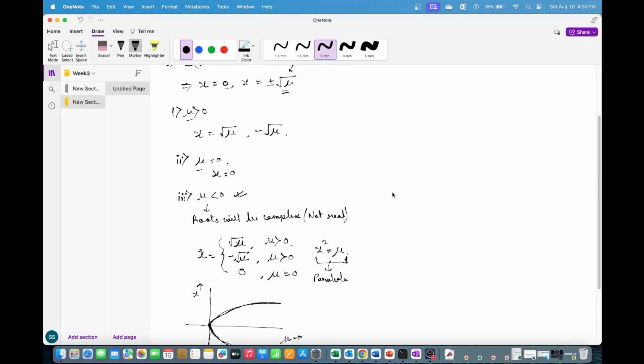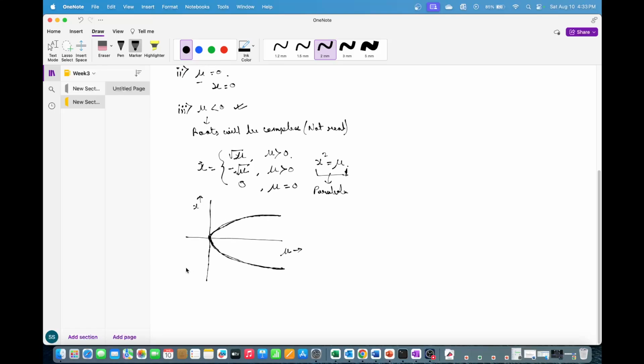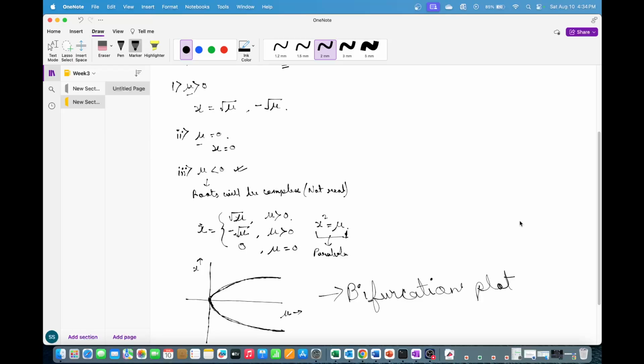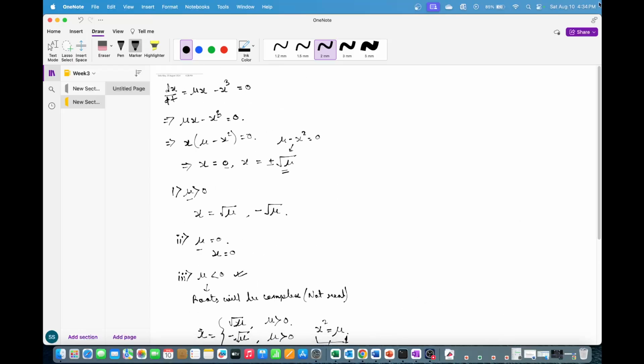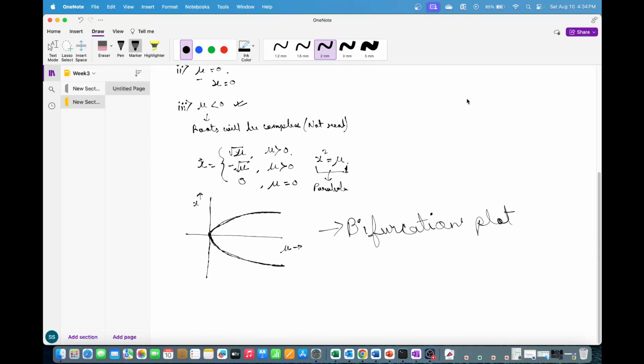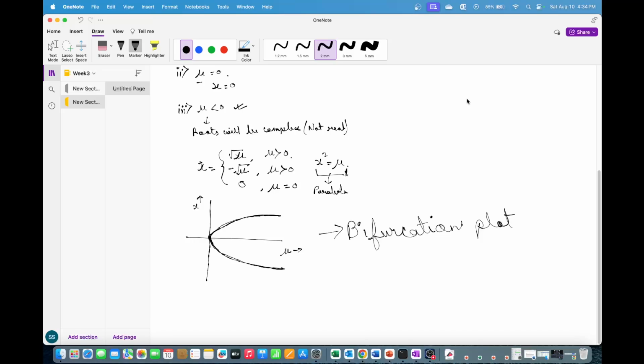So I hope till now you have gotten to know how you can plot these bifurcation plots. For a complex equation, what you can do is use plotters and other software for plotting and seeing the phase planes and how the steady states are changing.